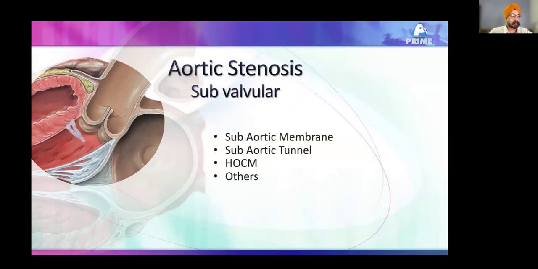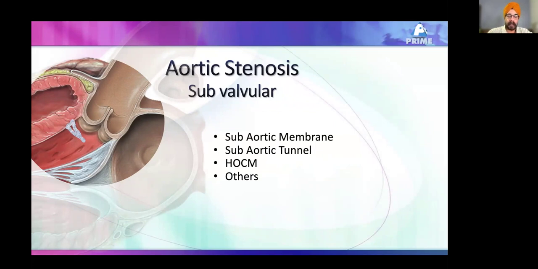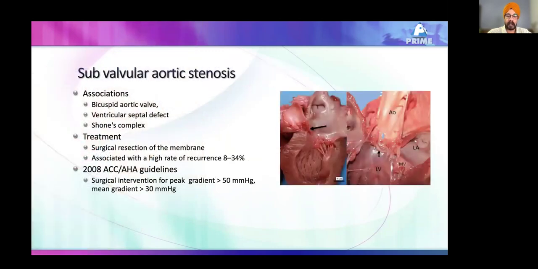We would discuss subvalvular aortic stenosis, and it could be a subaortic membrane, which I'll show you a case of. Subaortic tunnel. Hook'em is a kind of different thing. I don't include that in subvalvular aortic stenosis. Technically, yes, it is a subaortic stenosis, but we would not be discussing Hook'em. So I'm going to show you a subaortic membrane, and I would be showing you a subaortic tunnel as well.